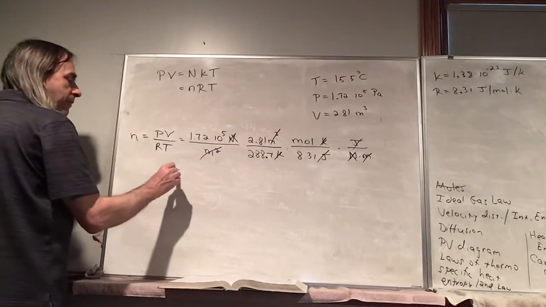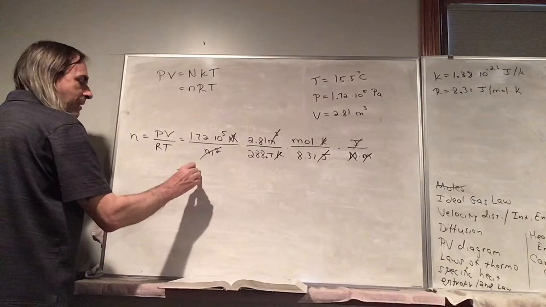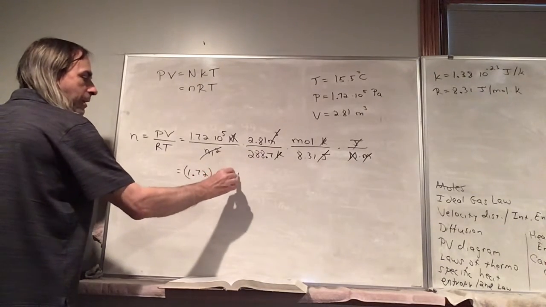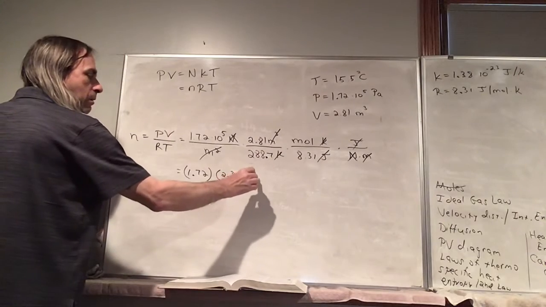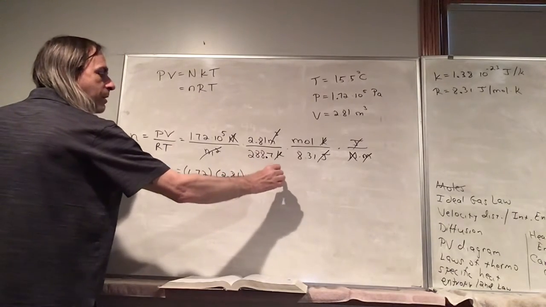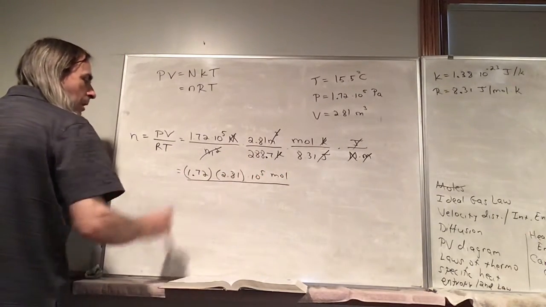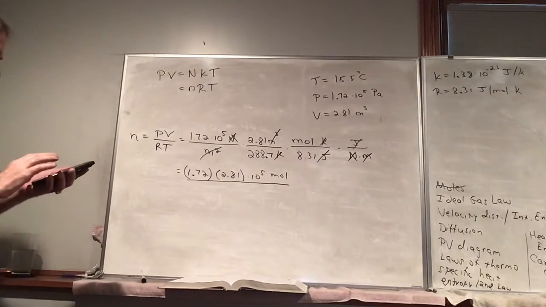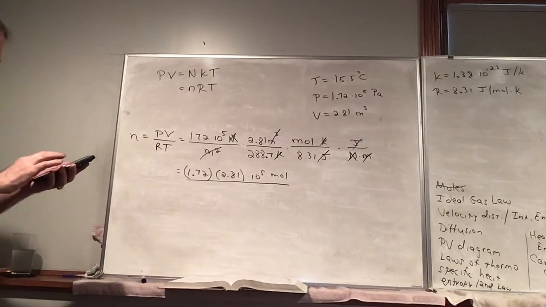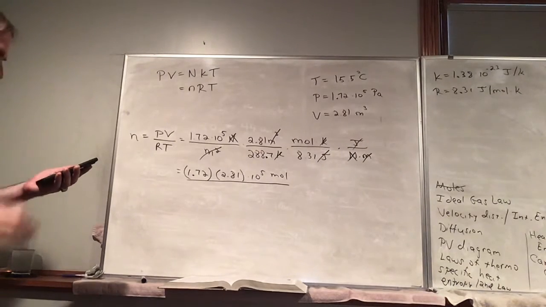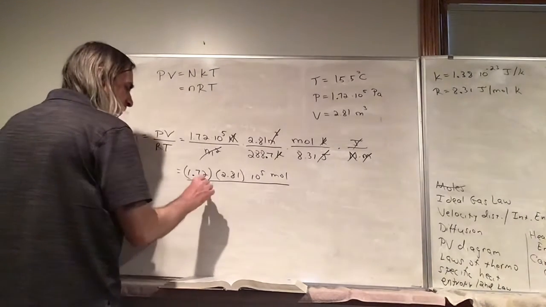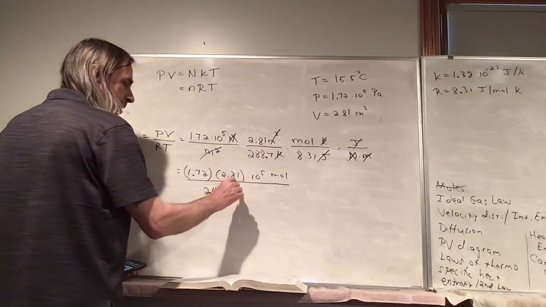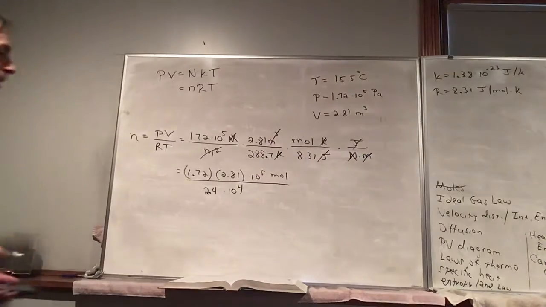So we have 1.72, 2.81 times 10 to the 5th moles. On the bottom, 288.7 times 8.31. I'm getting 2.4 times 10 to the 4th power.